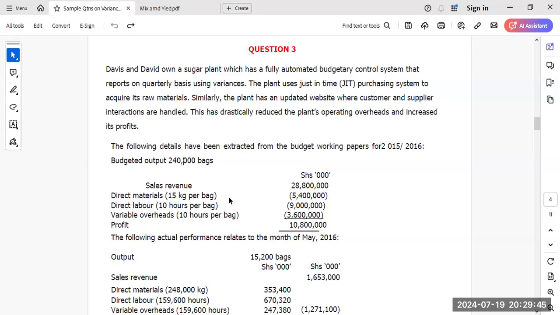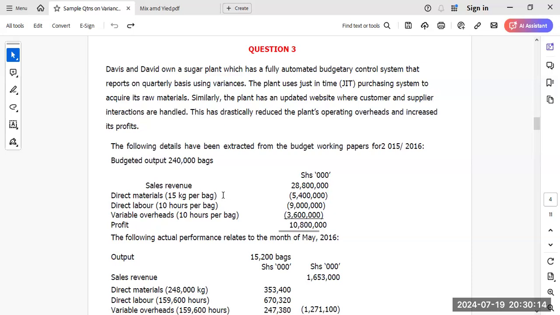What do you get? 22.5. The figure you have calculated is the direct material cost per bag. Are we together? But what we need is the direct material cost per kg. So go ahead and divide by 15.